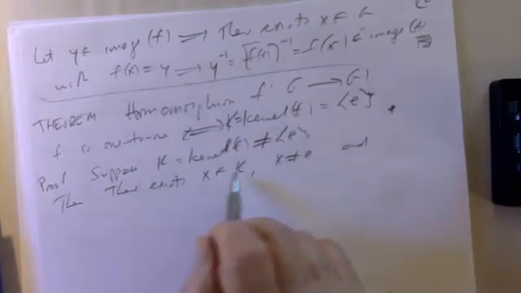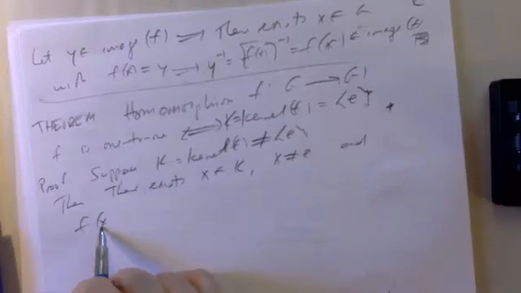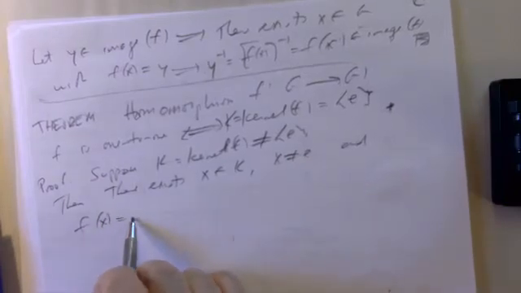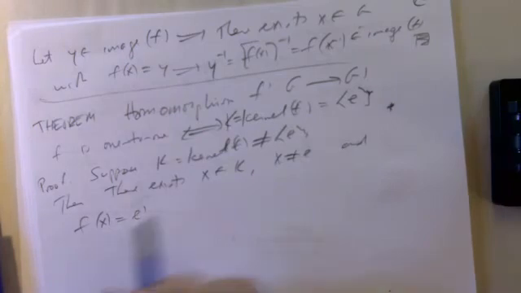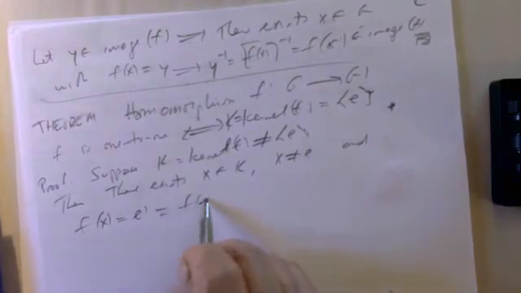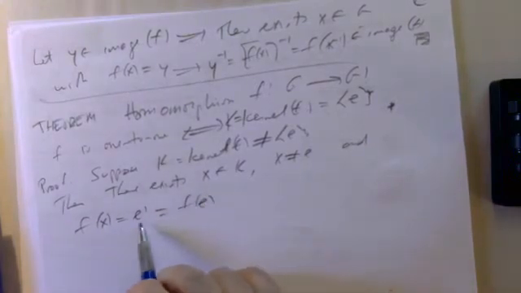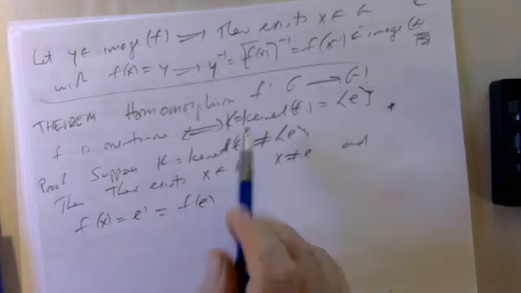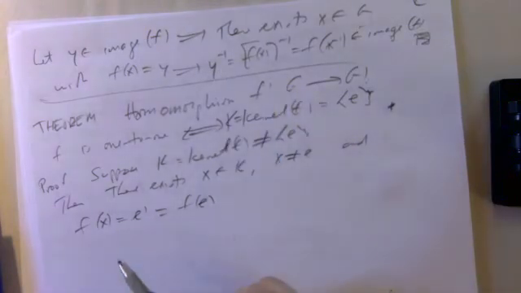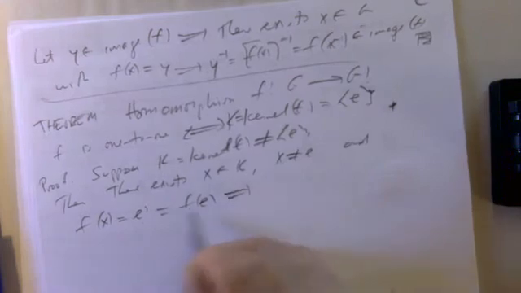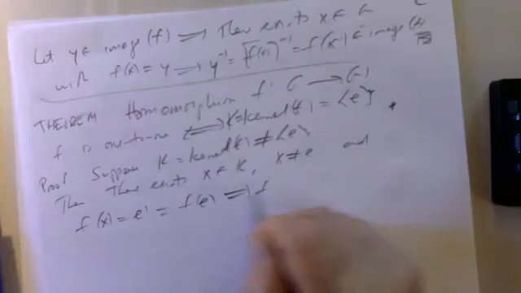But what does it mean to say x is in the kernel? That means f of x is the identity in the group G prime. But f of e is also the identity in G prime. If you take the identity in G, it gets mapped to the identity in G prime, which means I have x different from e, but they get mapped to the same thing. So that means f is not one-to-one.